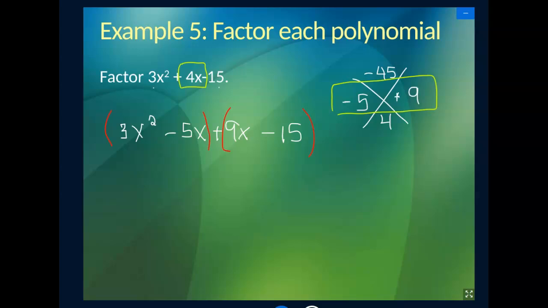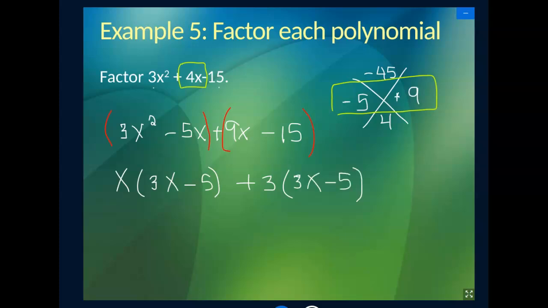So you bring out an x, and that leaves 3x minus 5. What can I take out of 9 and 15? Can I take out a 9 and 15, Kayla? Perfect. So you bring out a 3. So once again, that leaves minus 5.